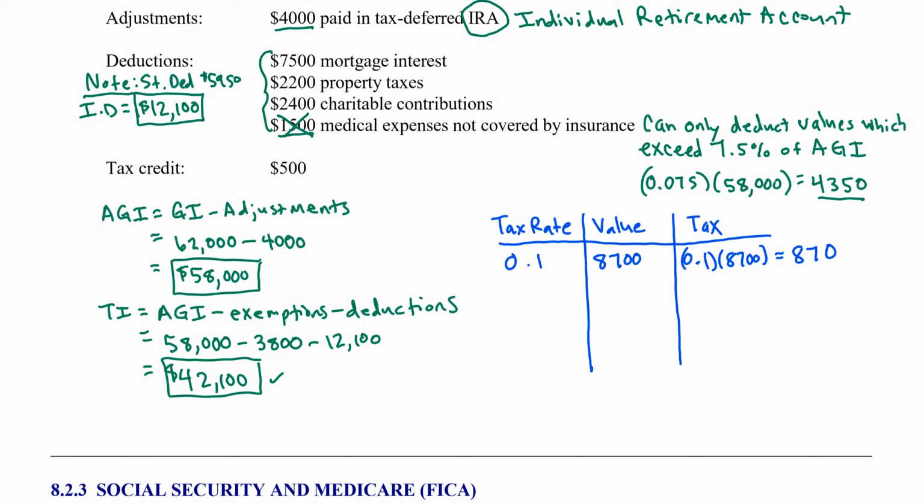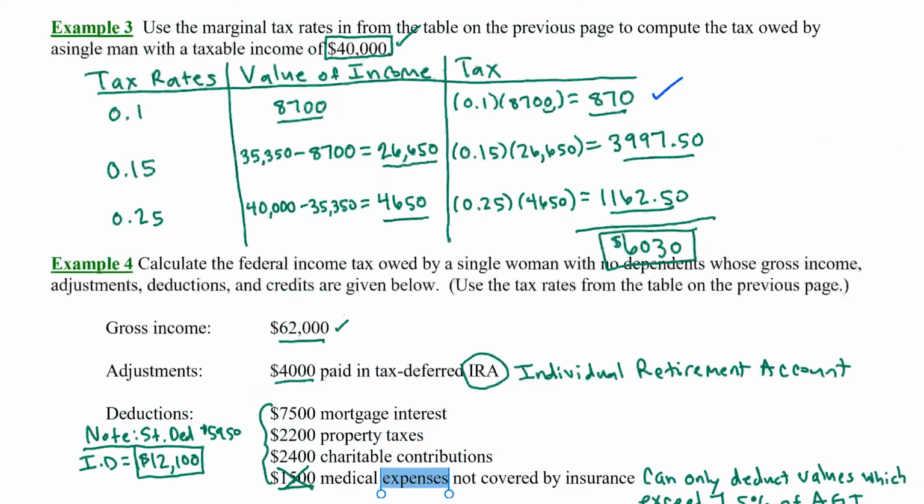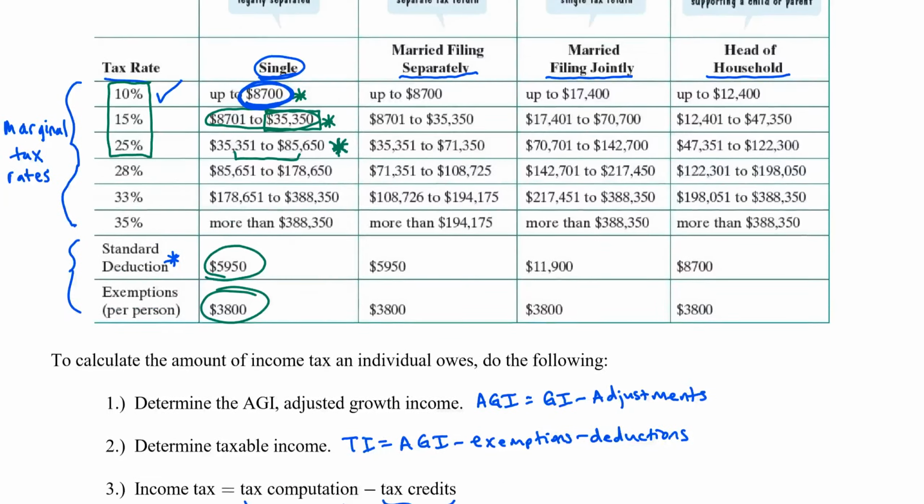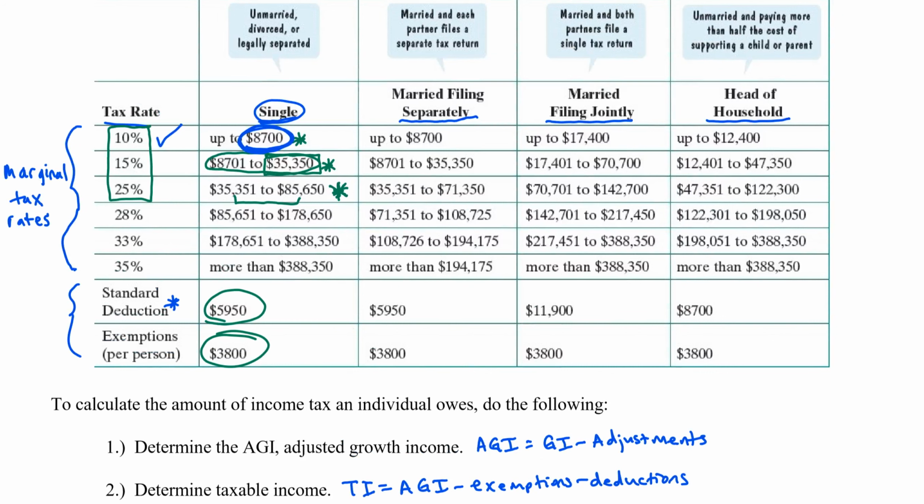Okay? The next tax rate on the tax table is 15%. And to remind you, that's going to be all of the dollars that she earns above that first $8,700 up to $35,350. Now remember, she earned $42,100, so she's in between these two numbers, okay?